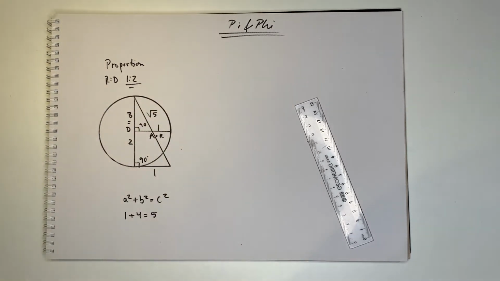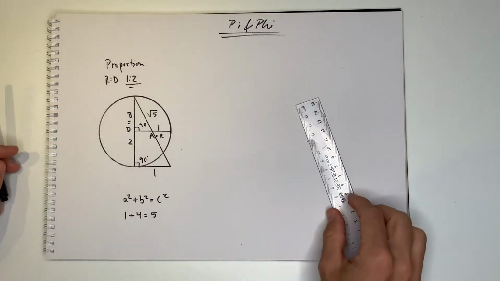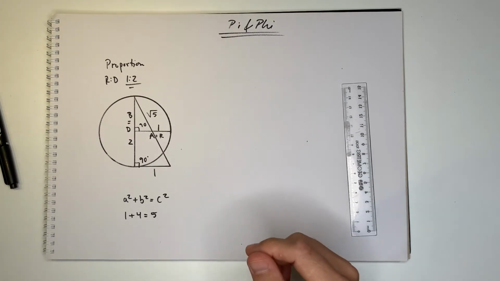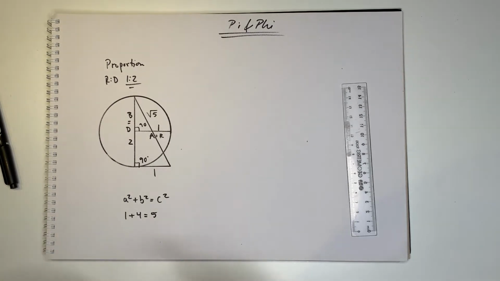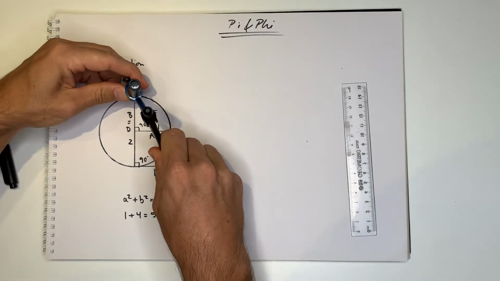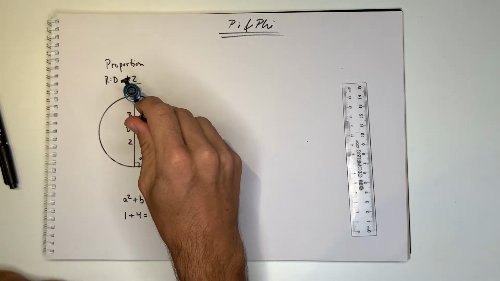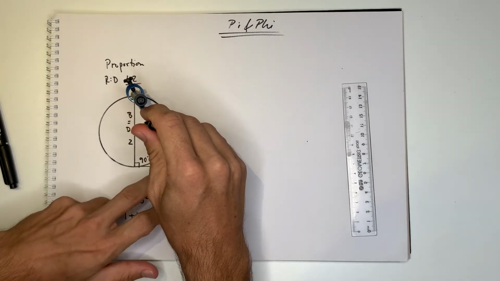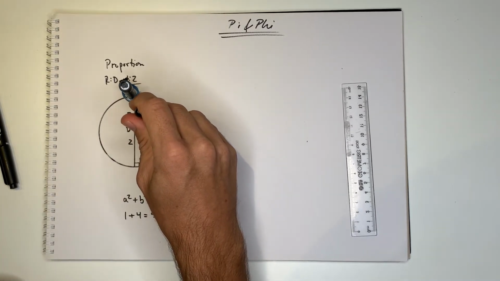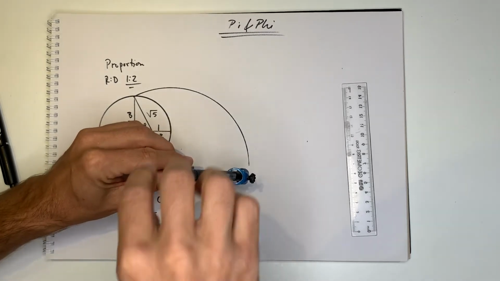Root 5 is what gives phi its irrationality. So as we have this root 5 now, what we're gonna do is put the compass, stretch the length of the hypotenuse. I put the needle at the edge of the radius, and from here I fold it out.